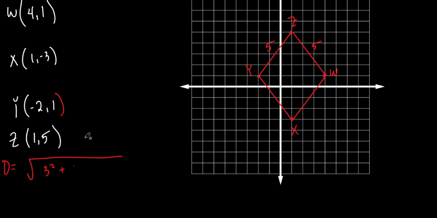Oh, you know what? I'm dumb. Well, no, I'm not that dumb, I guess. Well, let's see. What am I doing? I'm doing XY, right? I stuck wrong numbers in here, didn't I? I skipped to another thing.